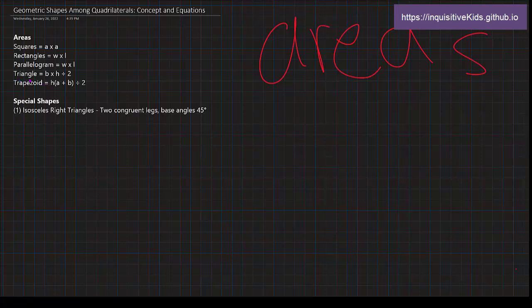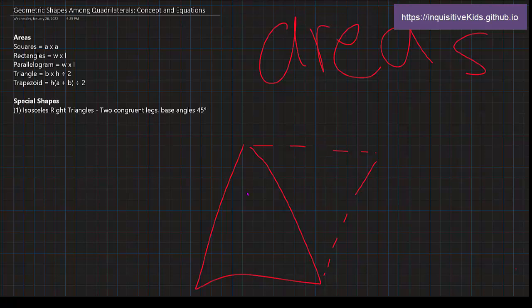And then, of course, there are triangles. For triangles, it's just base times height divided by 2. Here's what I mean. This is my triangle. If I were to make the same version of it, but just flip it backwards, you see that I will have a parallelogram here.